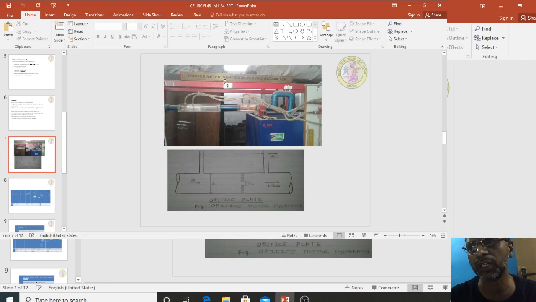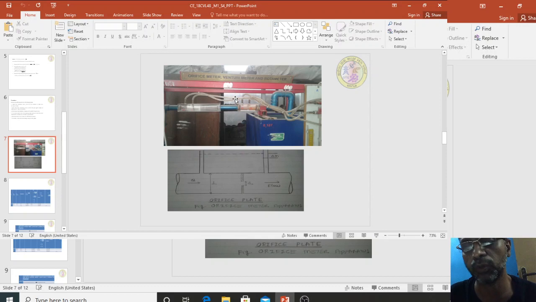This instrument is a combo instrument composed of an orifice meter, venturi meter and rotameter. Here we have written O, here V, and here O.